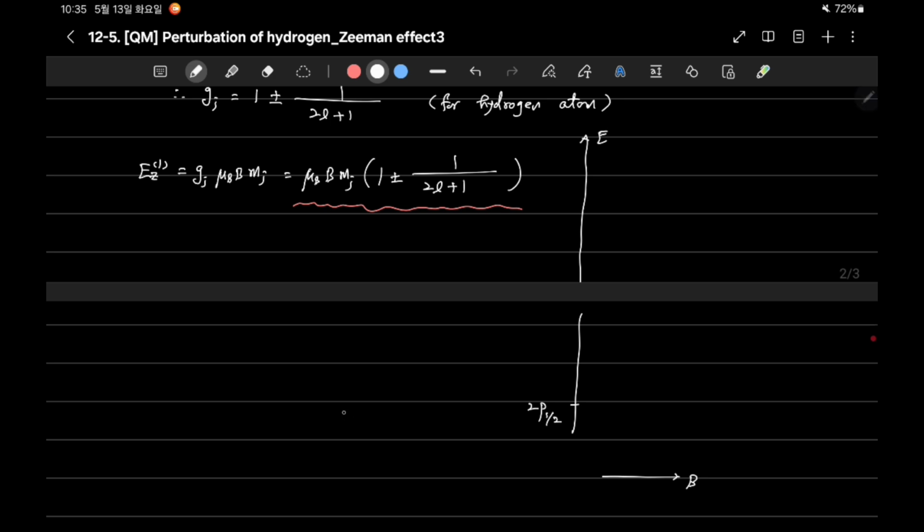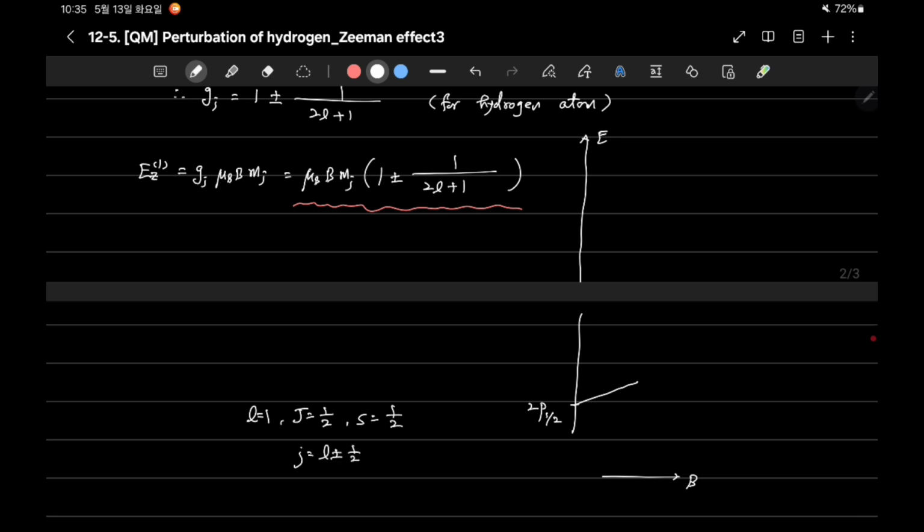Here p means that L equals 1, and S equals 1/2. Here there are two possibilities, where the total J is L ± 1/2.